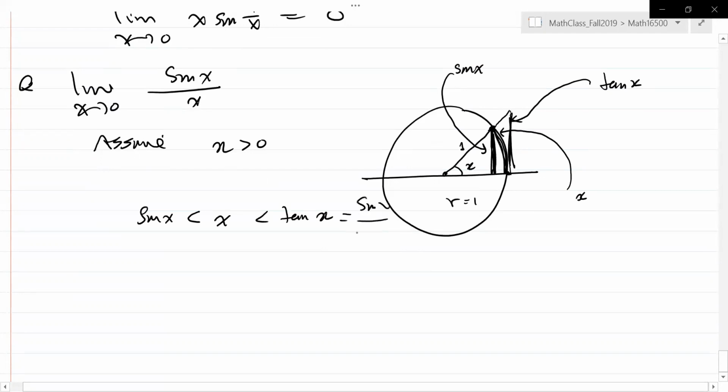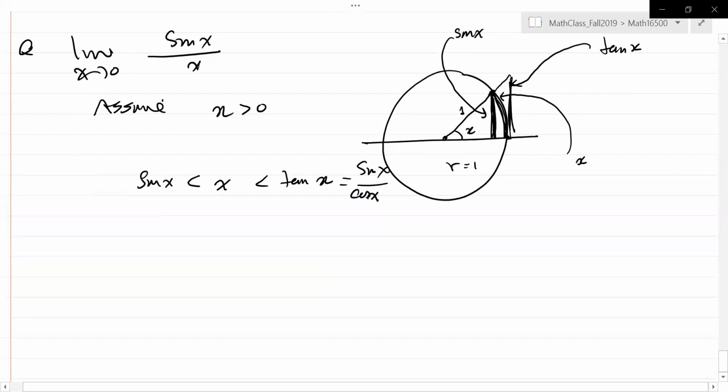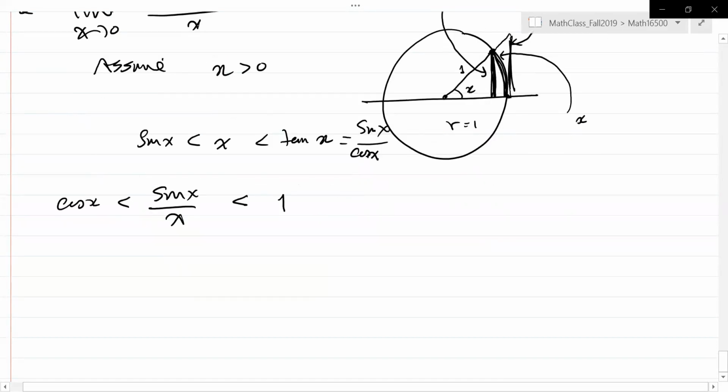This is a trivial inequality, but it's not easy to see at the very beginning, right? Tangent x is sine x over cosine x. So if you rewrite the above inequality, you get sine x over x is less than 1 and greater than cosine x. Now, this is a good example where you can use the squeeze theorem.